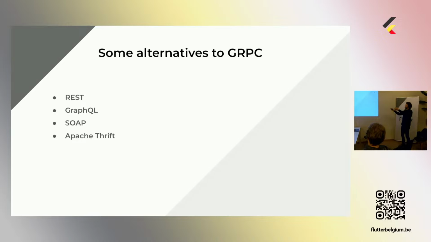You do a query, you get a response. SOAP, if you want to use SOAP nowadays, it's a soup, but yeah. And then there is Apache Thrift. I'm not sure if somebody uses it, but it's almost the same as gRPC, just a bit different.